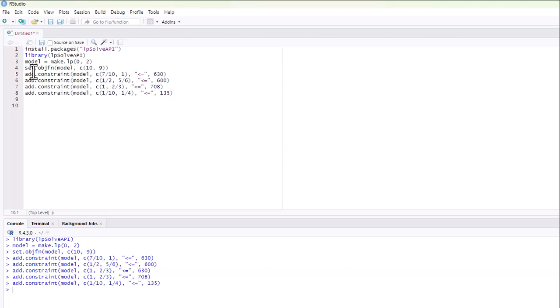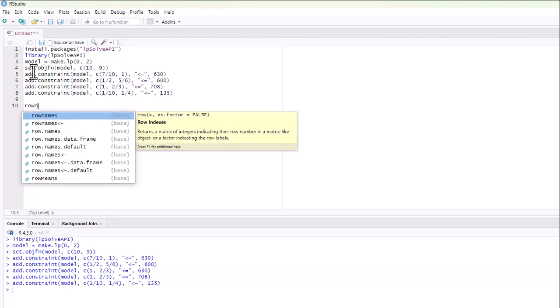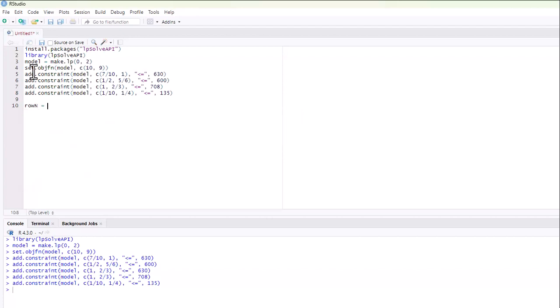Now it's up to us, we can name the rows and our columns. First one is cutting. Second one is sewing. Third one is finishing. And the last one is inspection. All right.